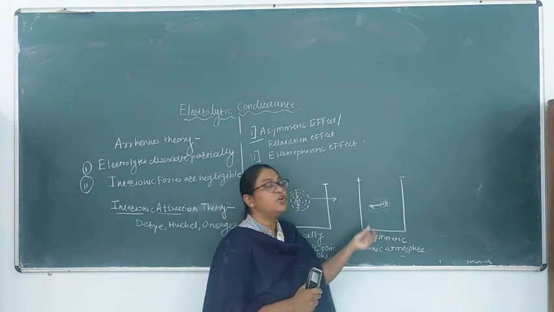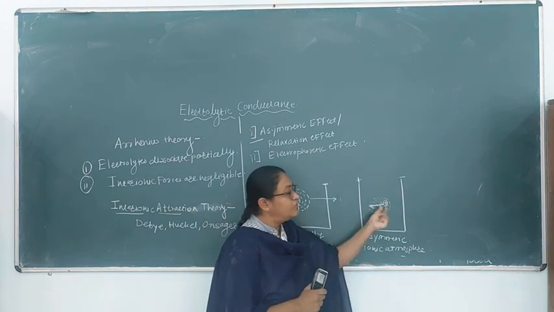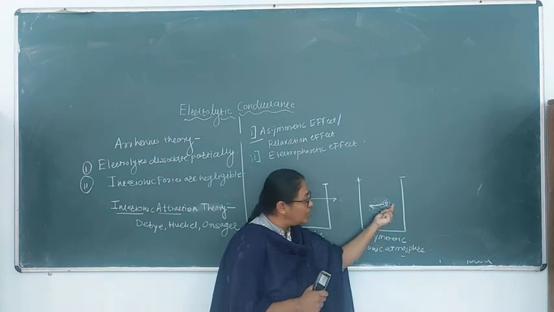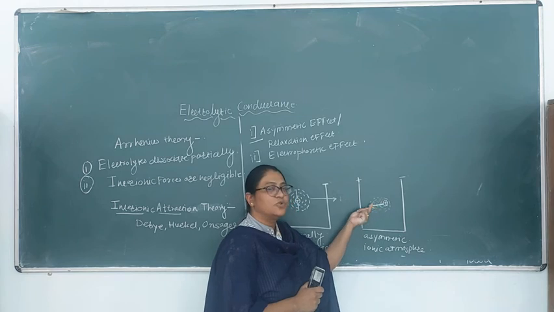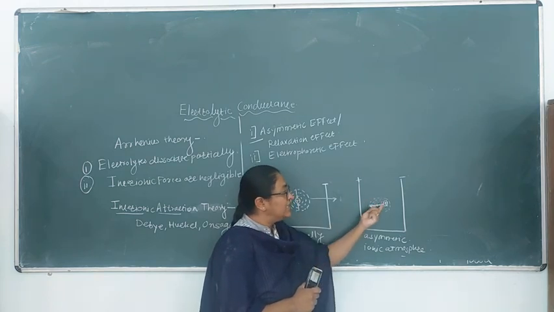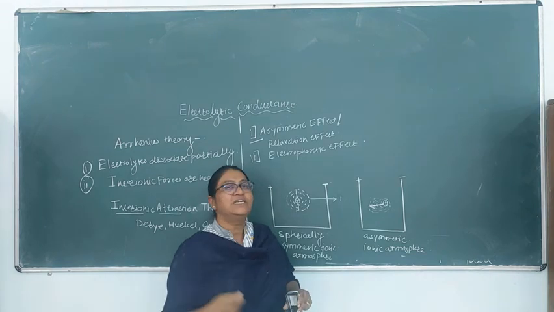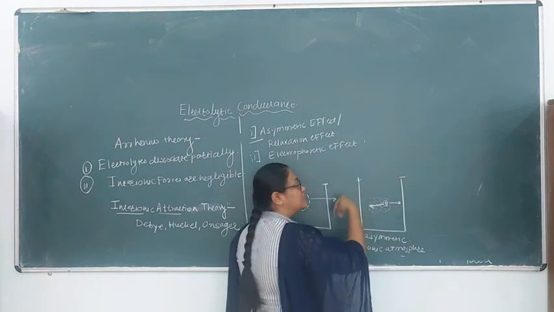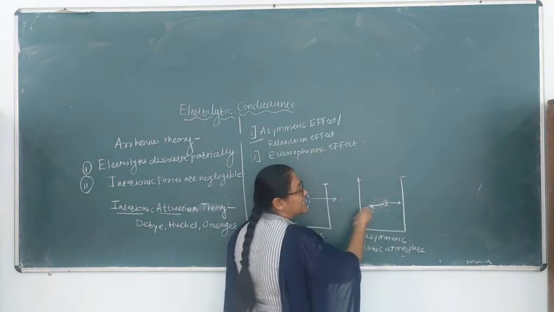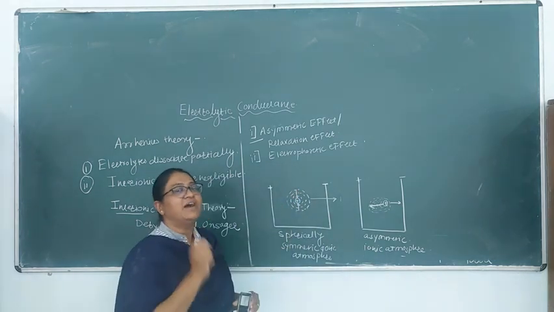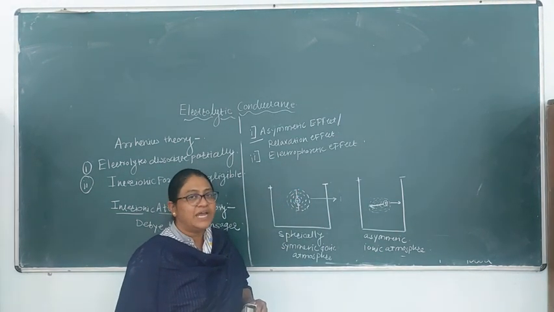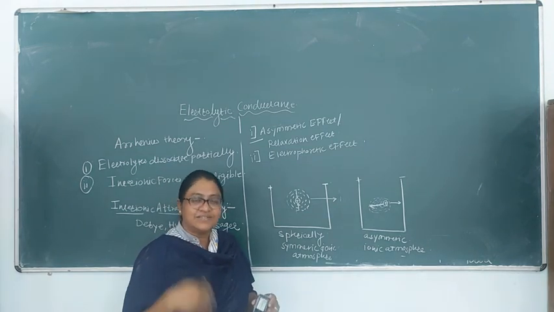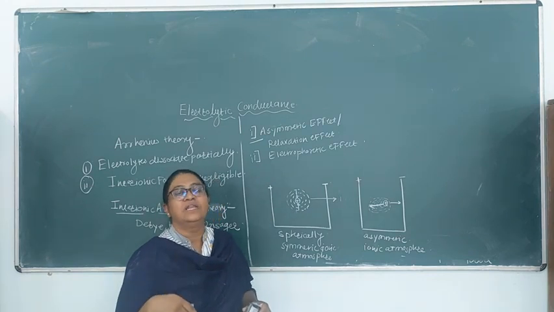The density of the opposite charges toward the front of this central charge is very small compared to the density of the opposite charges on the back side, and therefore that ion is pulled in the direction opposite to its movement, with more force. That is why that positive ion will slow down, and we know that the conductance depends on the velocity of the ion, and as the velocity decreases, the conductance will decrease.